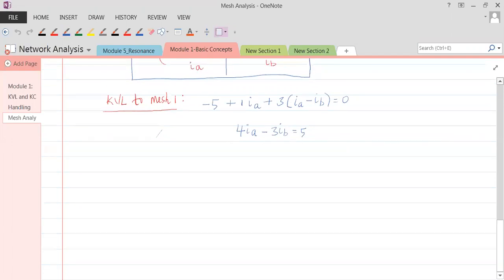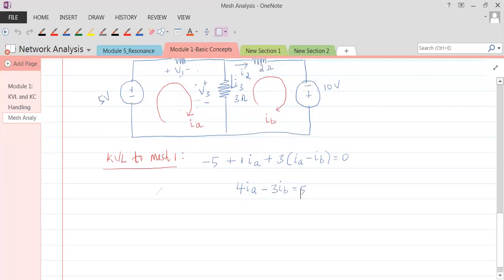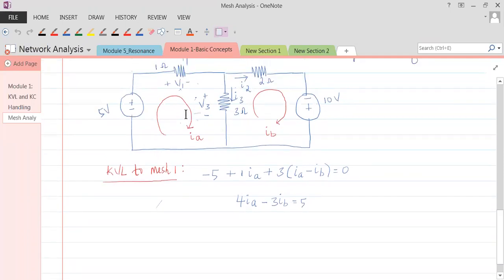When I'm operating in mesh 1, IA comes positive, IB comes negative. Is this okay with everybody? IA comes positive in this equation and IB would be negative. The rule is when I'm operating in mesh 1, IA is always positive. When I'm operating in mesh 2, IB is always positive.